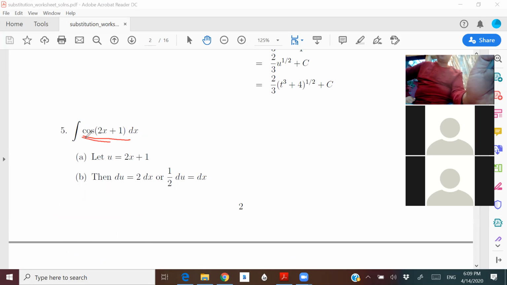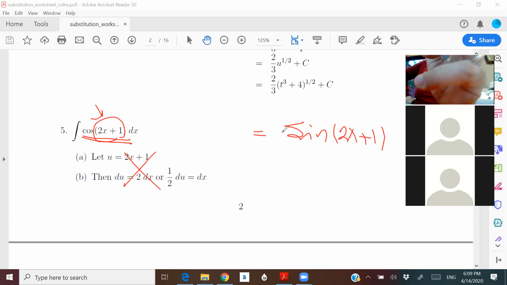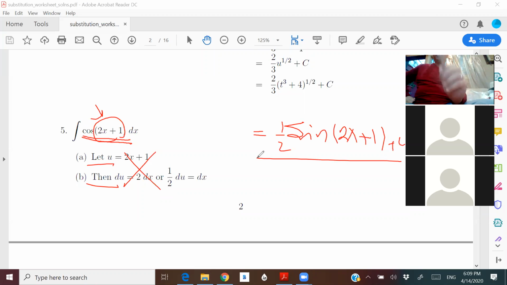But now, what is the integral of cosine(2x + 1)? I have another idea. Instead of substitution, directly sine(2x + 1) over the derivative of the inside, which is 2. So without any substitution, I can find the integration in no time without any effort.